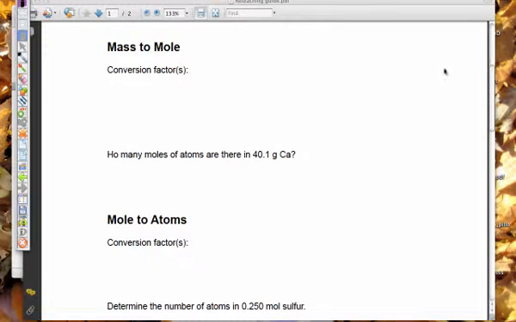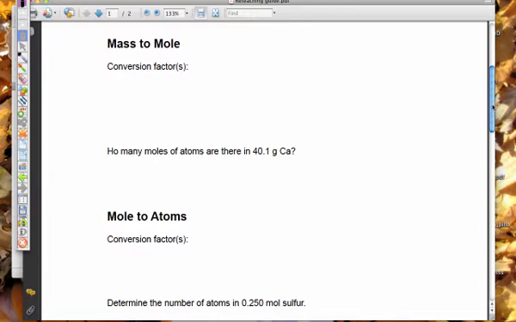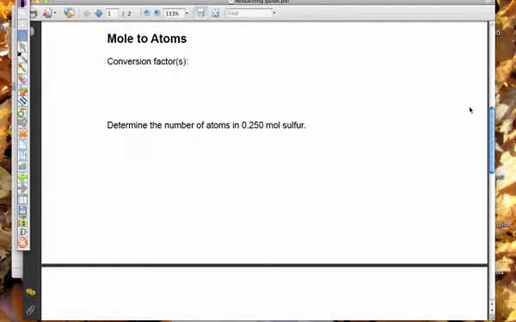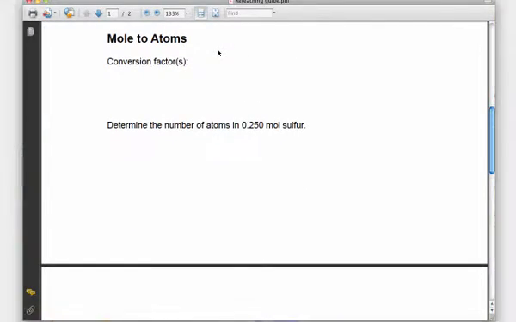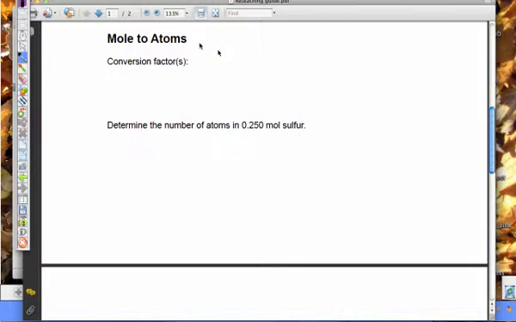Anytime we're dealing with atoms, we have to use that big number, Avogadro's number. So moles to atoms. What are we doing here?